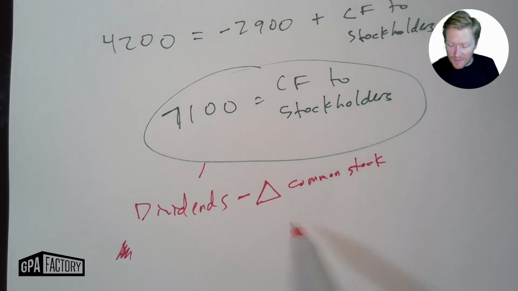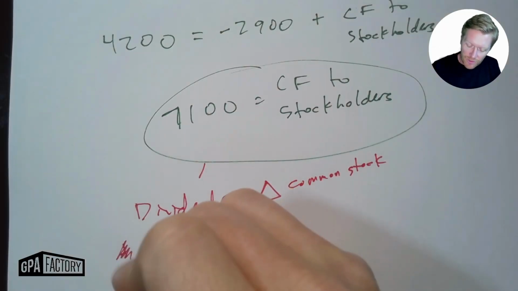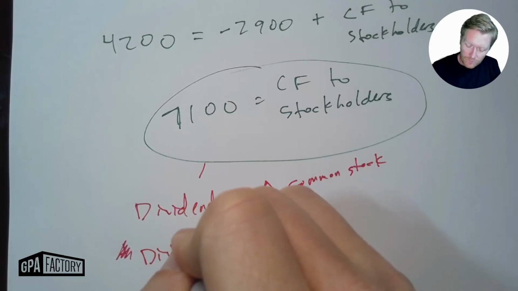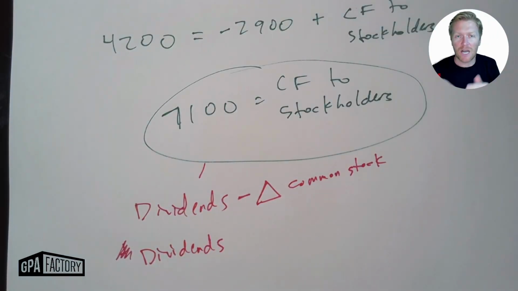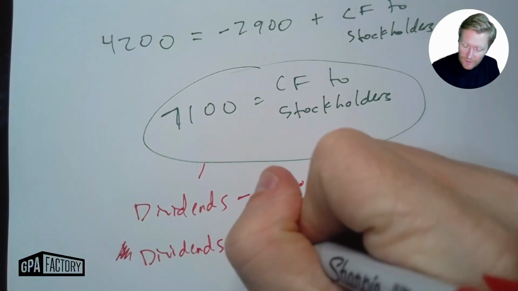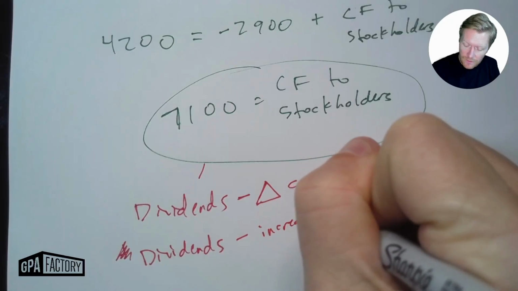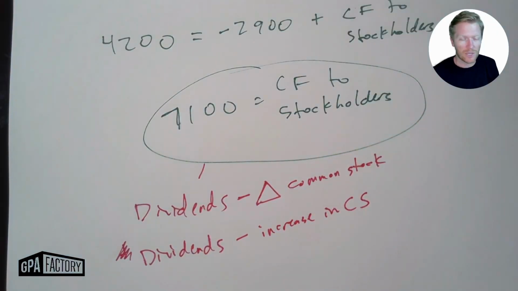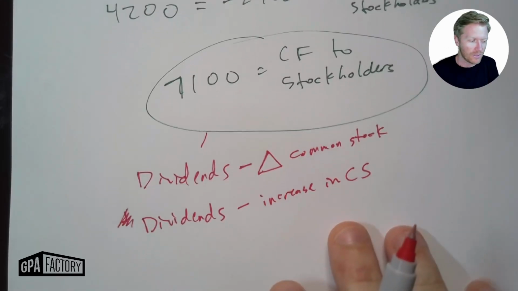But dividends minus this change in common stock, it's really dividends. And then if common stock goes up, that means that we issued more shares and received cash from stockholders. So if common stock goes up, we actually are subtracting an increase in common stock because we issued new shares, right? New issuances means that we actually got cash from stockholders. That wasn't cash that was going to stockholders.